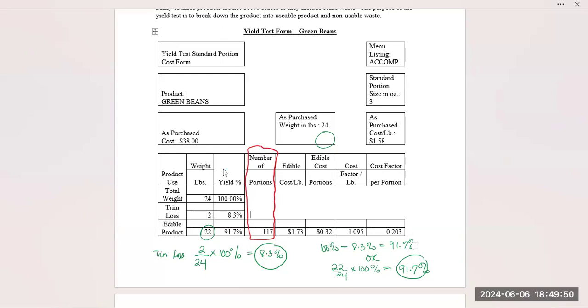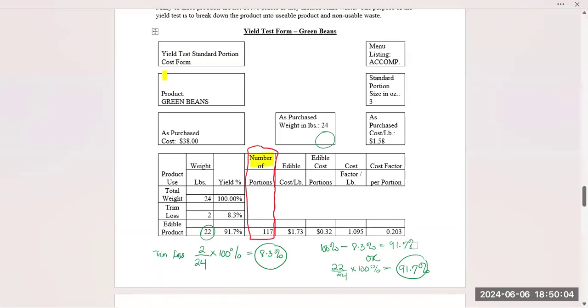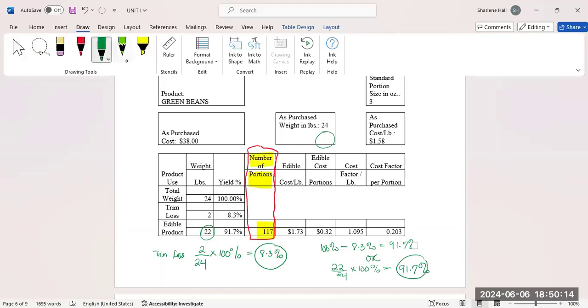Come talk to me, you're too silent. Can you repeat for me, please, sir? I just highlighted something in red. It says, talking about the number of portions, but I'm saying that the number of portions is equal to 117. Do you agree or disagree?